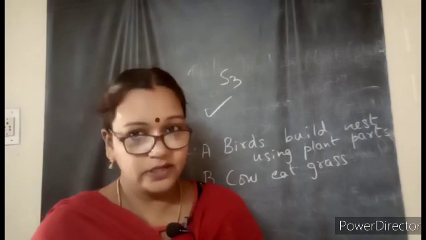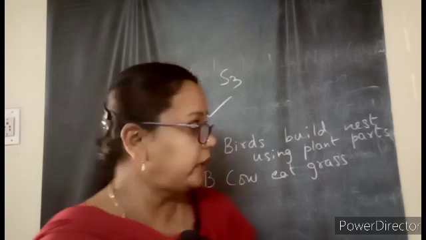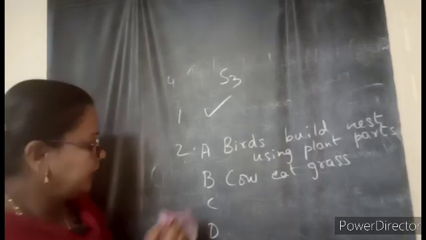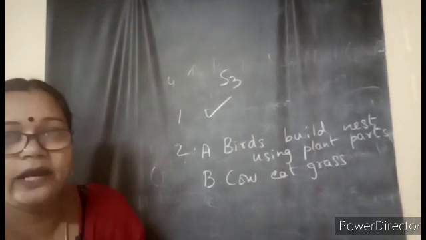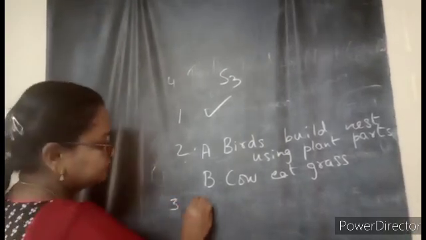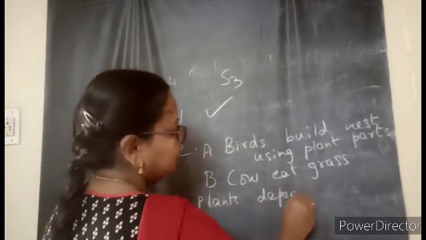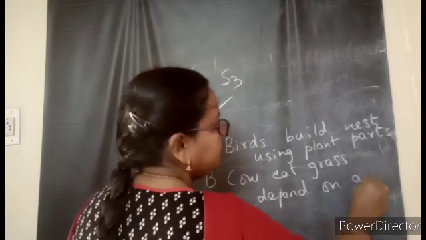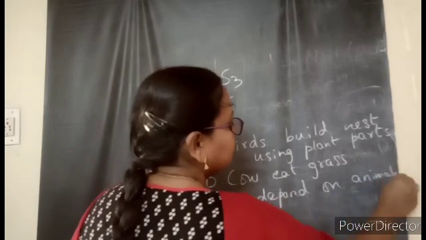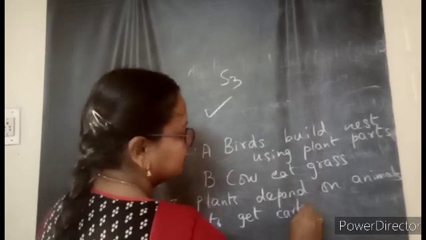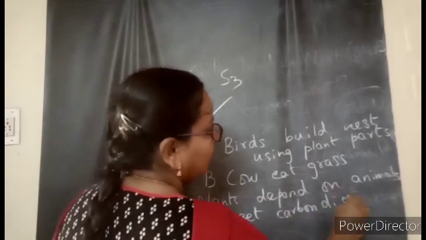Do you agree? Give reason. Just now I said. Why do plants depend on animals? Plants depend on animals to get carbon dioxide.